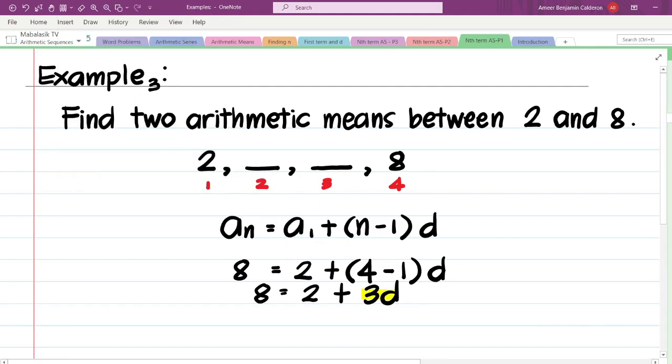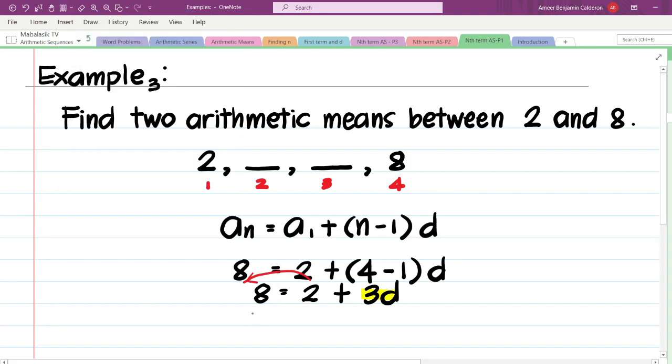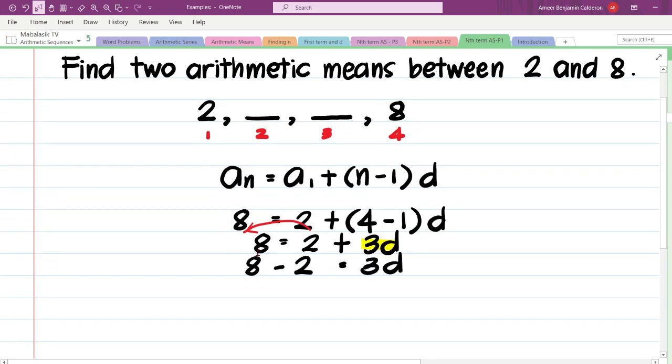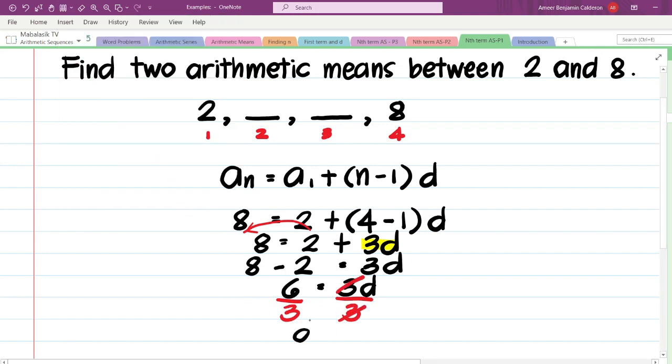So we should transpose 2 to the other side, which will give us 8 minus 2 is equal to 3d. But 8 minus 2 is 6, which is equal to 3d. To solve for d, divide both sides by 3. So we can cancel, and we are left with d, which is 6 over 3, or 2.